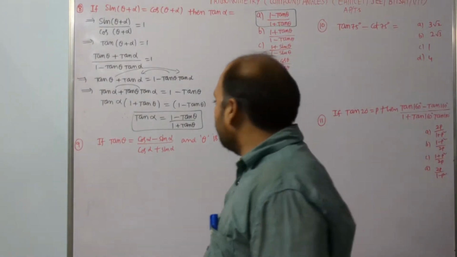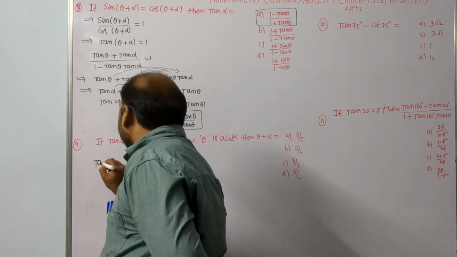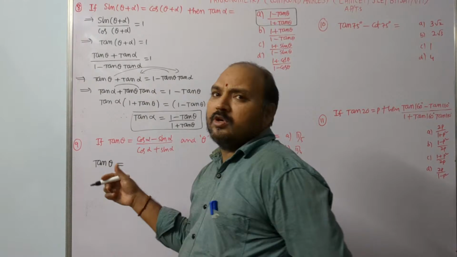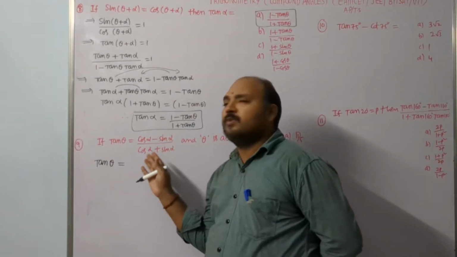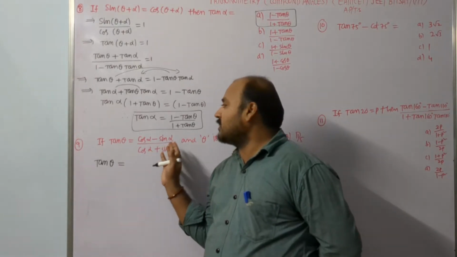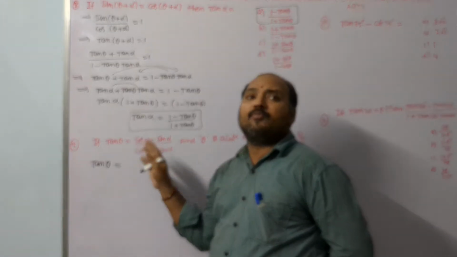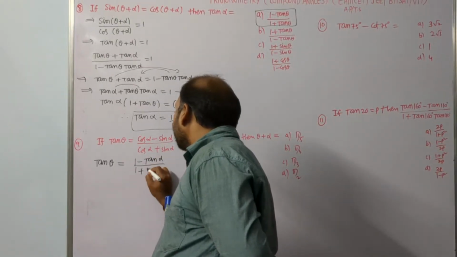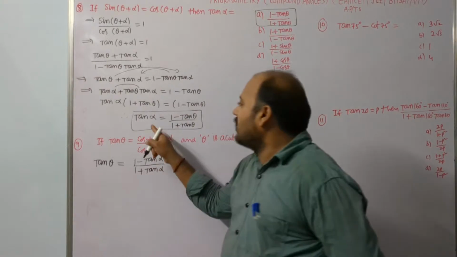Now come to question number 9. So tan theta is equal to cos alpha minus sin alpha by cos alpha plus sin alpha. Dividing numerator and denominator by cos alpha, it is 1 minus tan alpha by 1 plus tan alpha, that is the tan of 45 minus alpha formula. Sir, how will we write it? Dividing numerator and denominator by cos alpha, 1 minus tan alpha by 1 plus tan alpha.